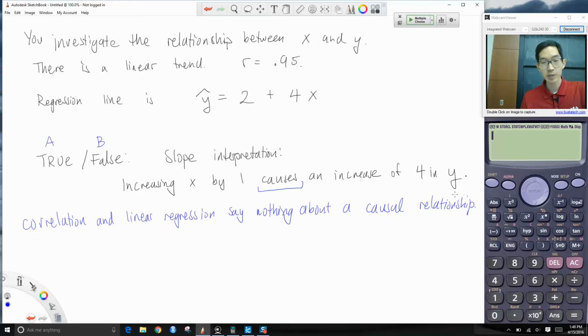So even if you have a very strong trend between x and y, it does not mean that x causes y or that y is caused by x or y causes x. We can't make any of those conclusions. All we can say is that these two things seem to be happening together, okay?